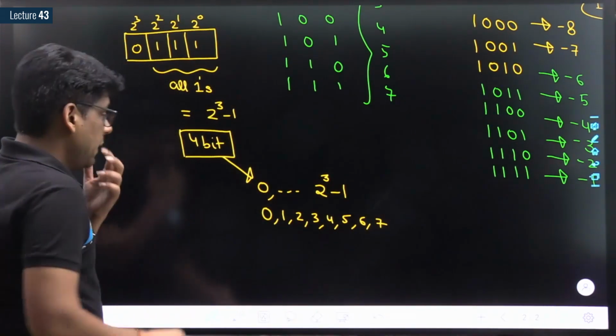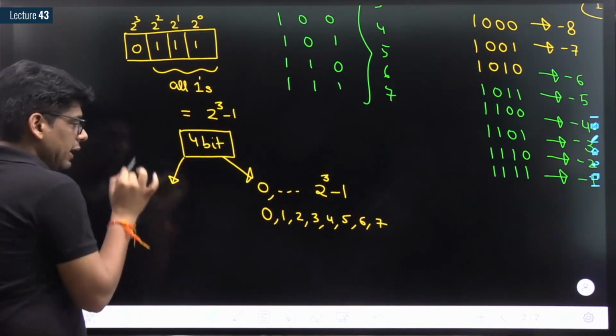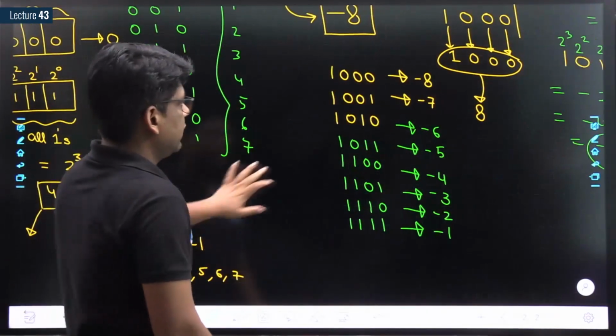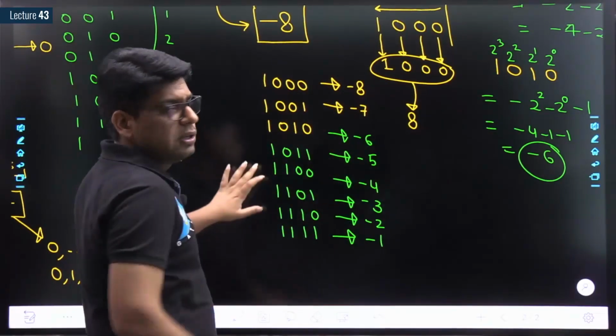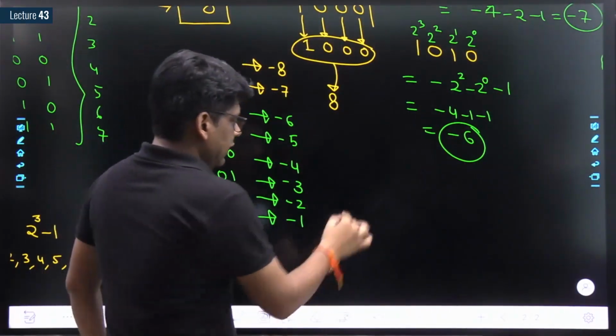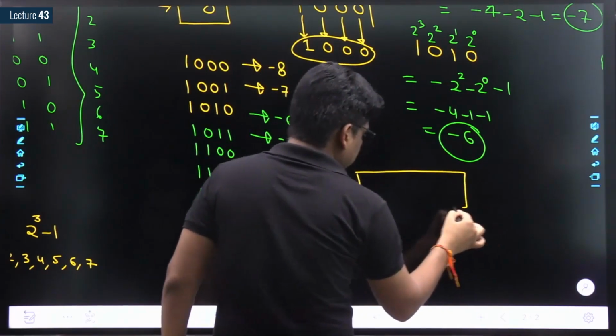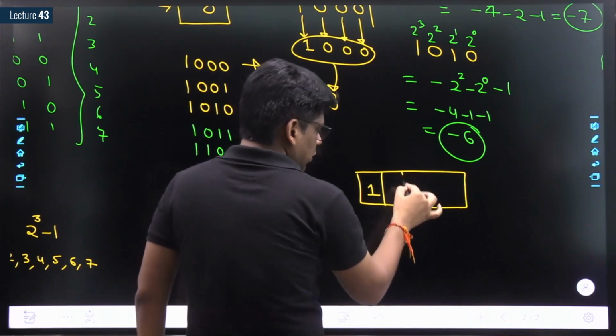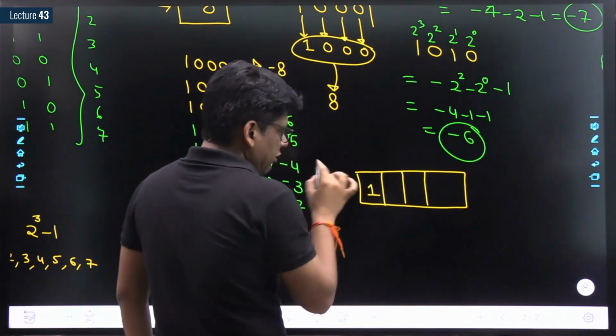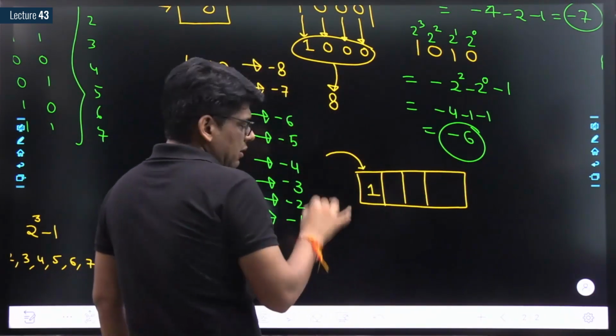Okay, sir. On the other hand, if I talk about negative, sir, these are the negative values. Try to understand, these are the negative values. Sir, in negative, what is the minimum value? The minimum value is again the same as in positive. First bit is for sign, so forget this.